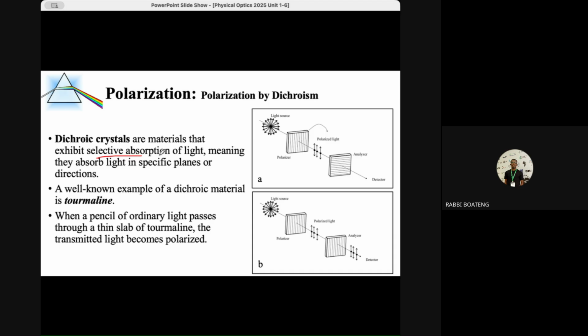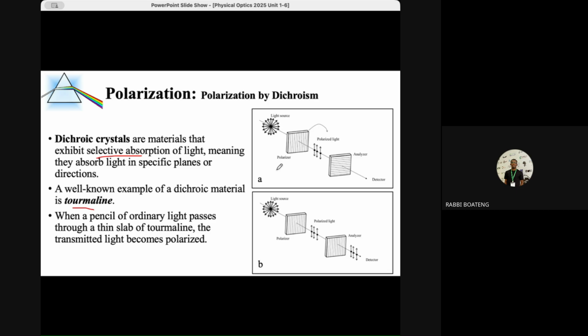So direction plays a big factor here. A very typical example of a dichroic material is tourmaline, a typical example of a dichroic crystal.